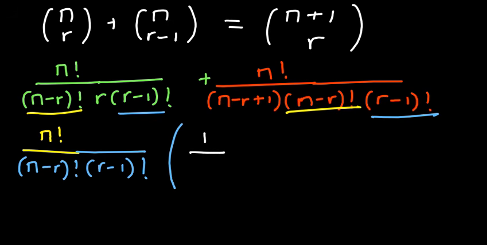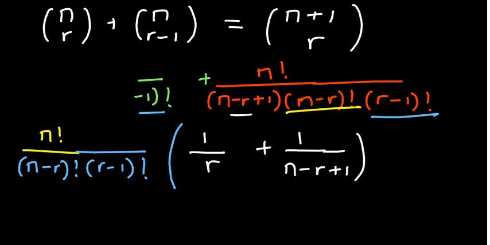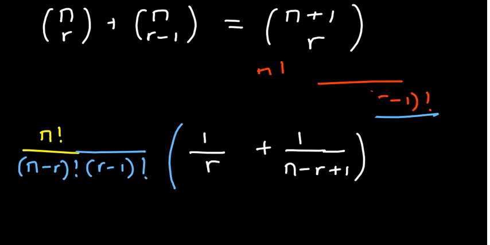So for the first part, if you are to remove these from the bottom, what only remains is r plus. For the other part, if you remove the other two, only that guy will remain. So it's 1 n minus r plus 1. Okay, so we've just dealt with that.